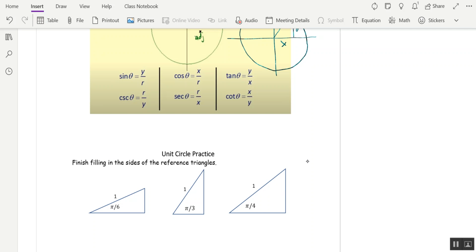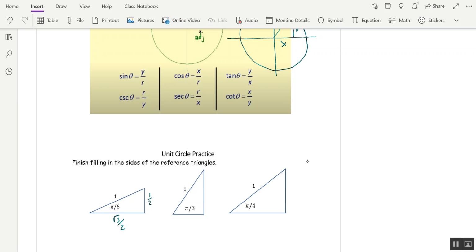First thing you want to be able to do is know your reference triangles. So there's a reference triangle for pi over 6, 30 degrees, pi over 3, 60 degrees, and pi over 4. The way I remember them is, first of all, the hypotenuse is always 1. For the pi over 6, this is the short side over here, and this is the long side, root 3 over 2.